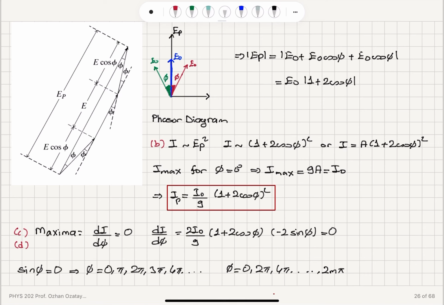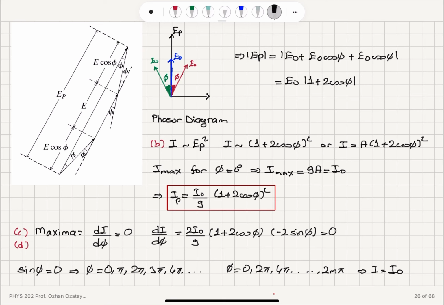We would have cosine 0 equals 1, so 1 plus 2 is 3, squared is 9, 9 divided by 9, we obtain an intensity of I0, that is the actual maximum, the primary maximum I0. So if we get rid of these, we find there are others, pi, 3 pi, 5 pi, etc. Those will correspond to the lesser maxima.